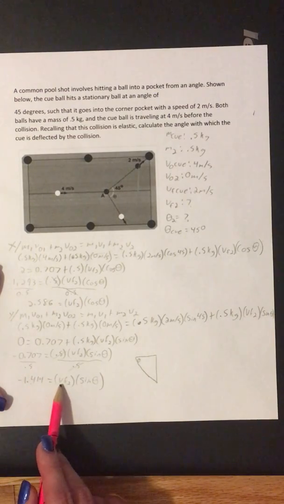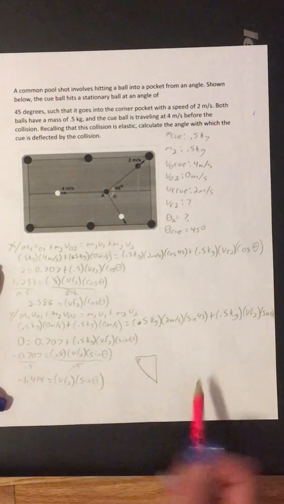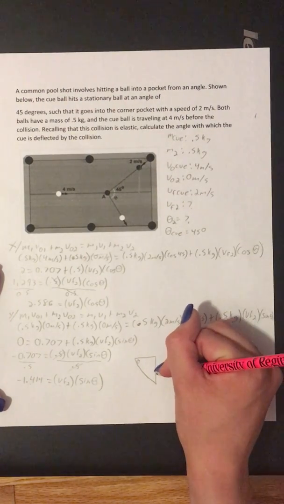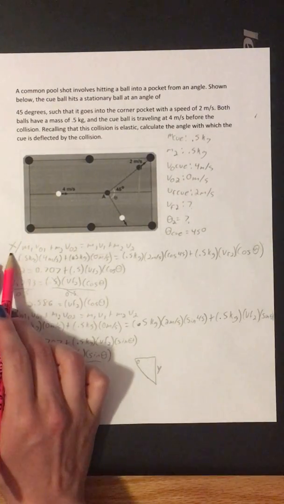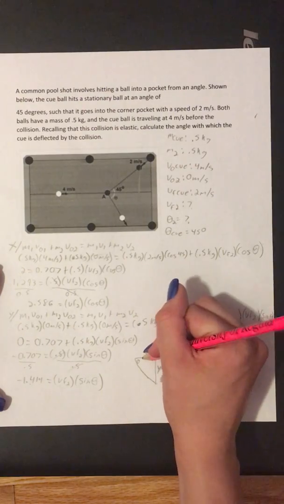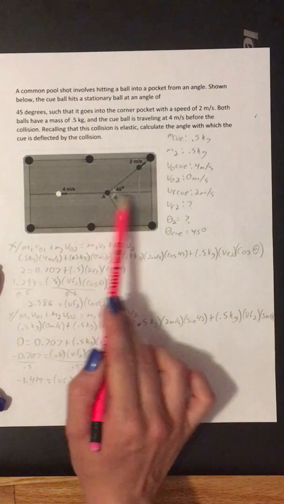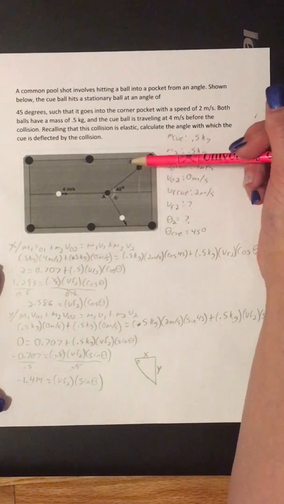It is equal to the velocity final and sin, but it is a y value. So we can use it here as the y, and then we can use x as this here. Because remember, x here is going this way, and y is going this way.